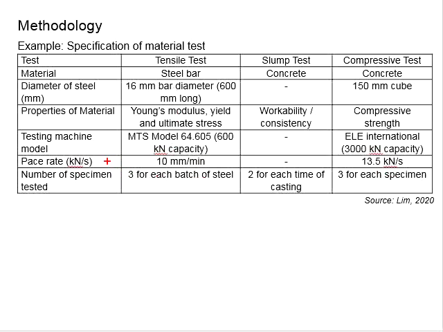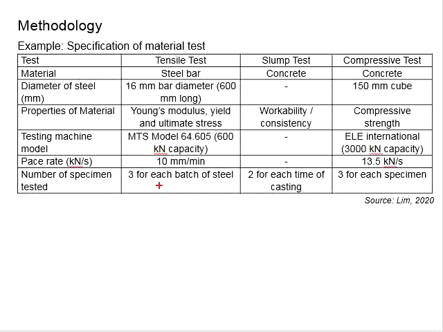This is one of the important specifications to be provided, as this pace rate may slightly affect your testing results. A faster pace rate may lead to slightly lower capacity. Therefore, normally a standard will limit the maximum pace rate for the tensile tests.